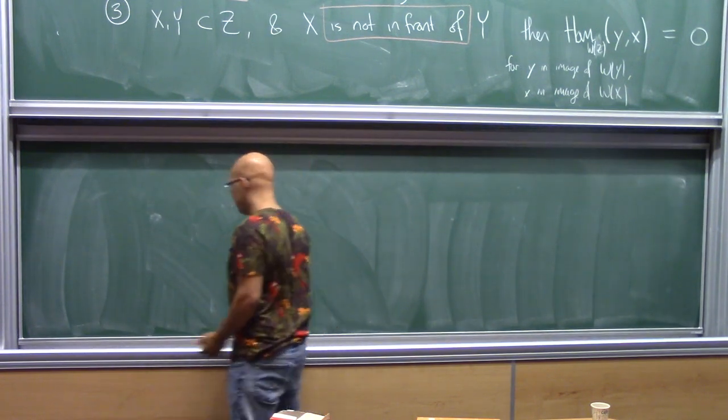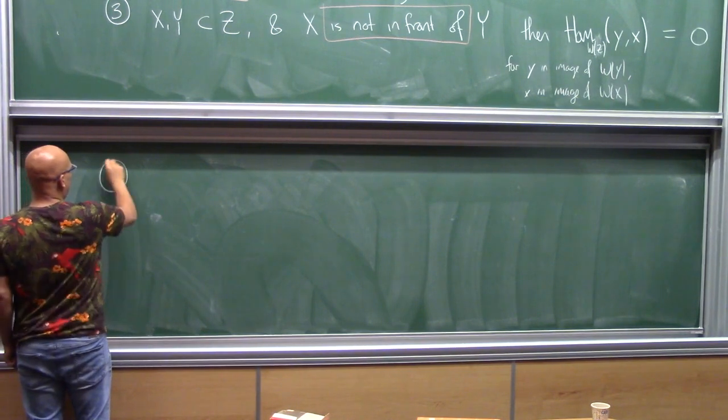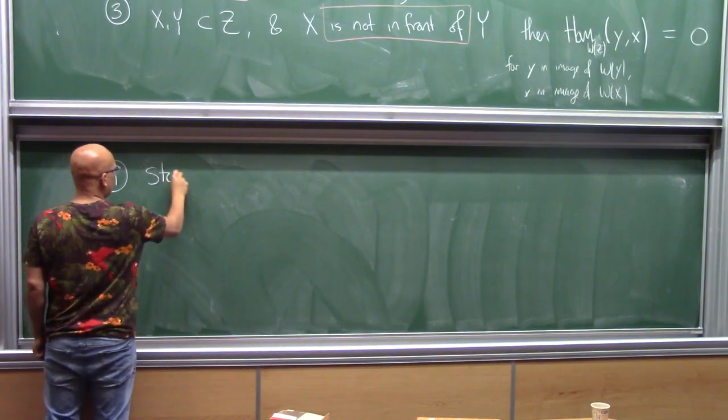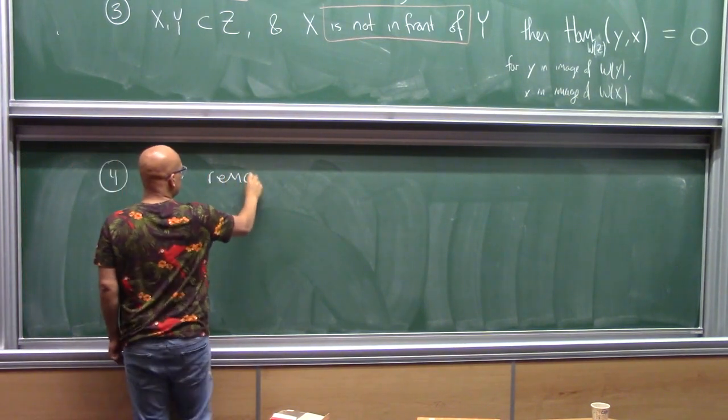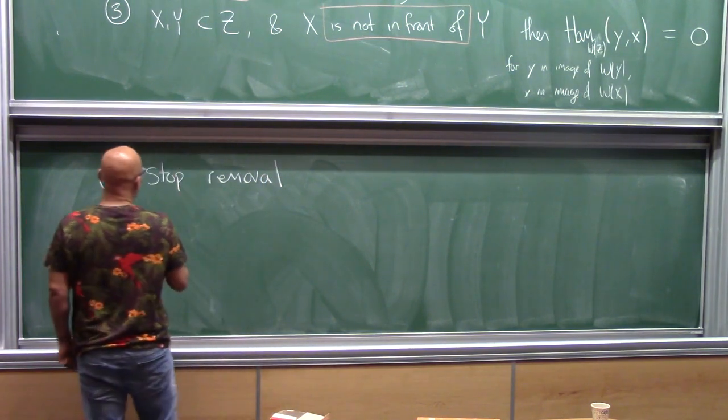And this one is the hardest to state, so I've saved a blackboard for it. So 4 is the axiom of stop removal. And this says the following thing.